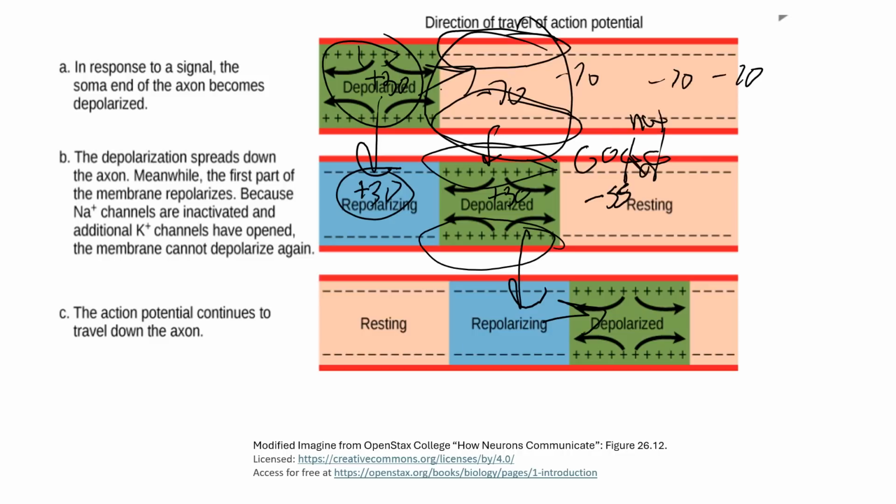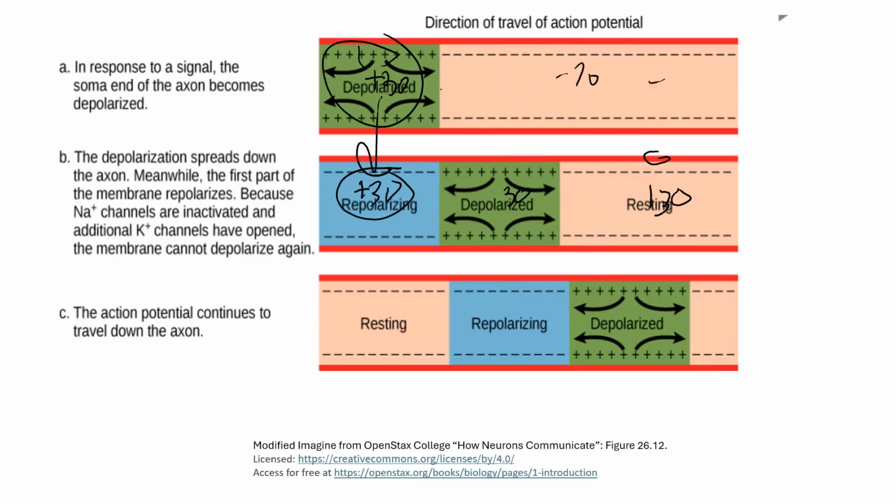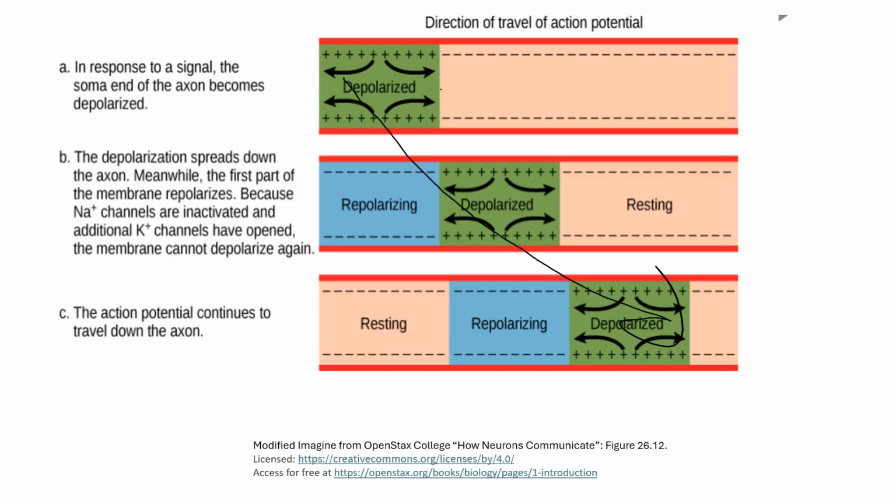Sodium is going to shoot in and is going to drive the interior up to positive 30. And now this region, if you look at the bottom, will of course be depolarized because of that. It'll all be positive. So that's what these types of images show you. They show you how the action potential propagates along the axon. I would just argue that they kind of do a bad job of it. You can see the action potential, right, propagating down the axon.